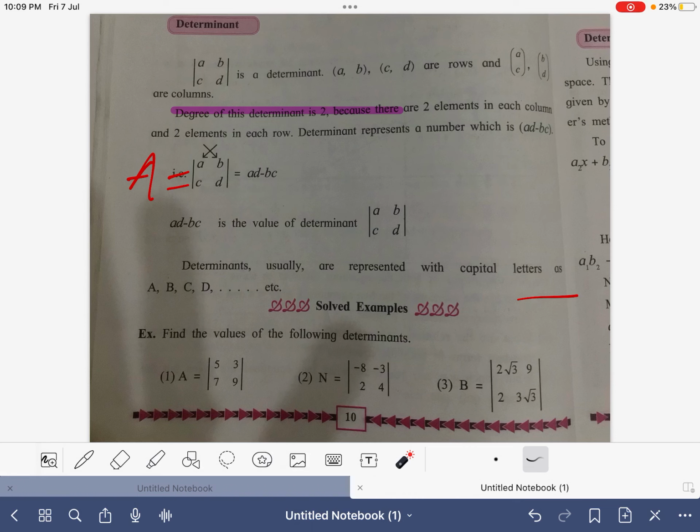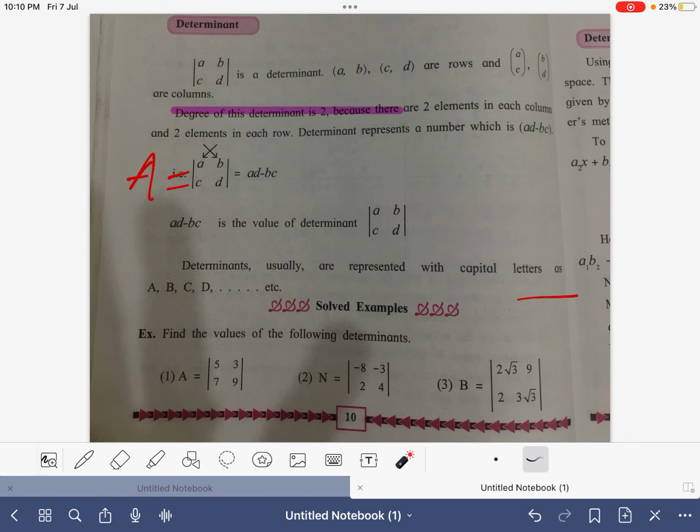To represent a set, we usually use letters A to Z, just like variables. There are no conditions to use these: determinant A, determinant B, determinant C. Likewise you can choose any letter for the determinant.